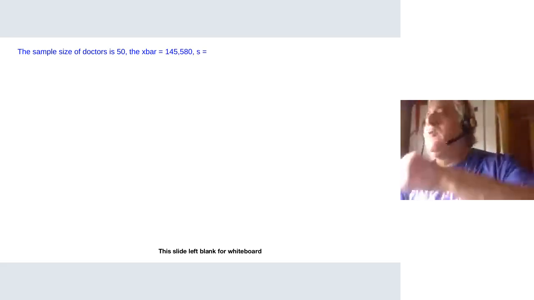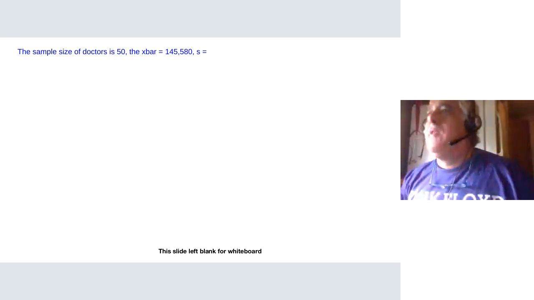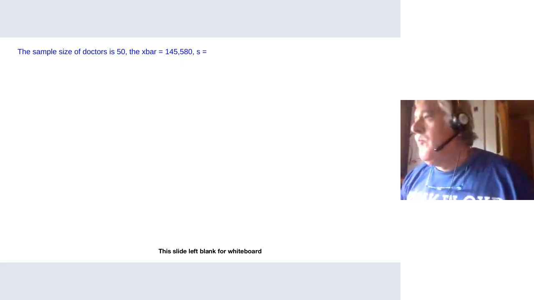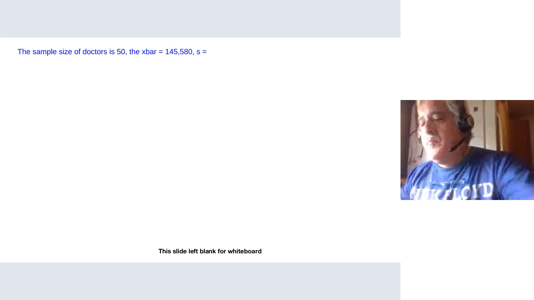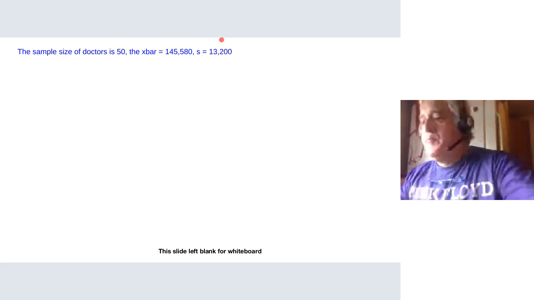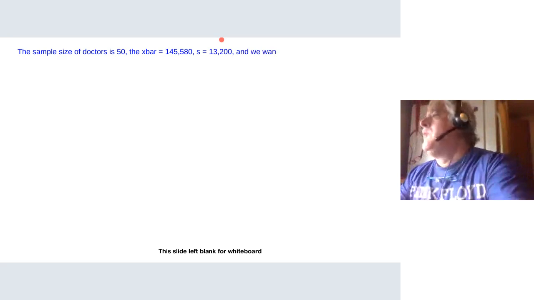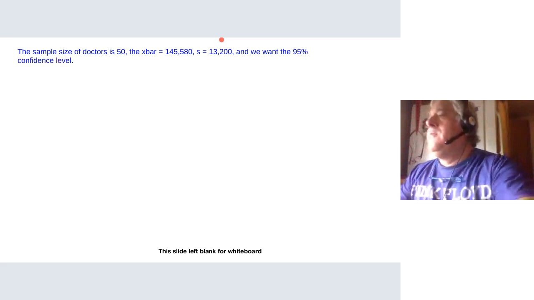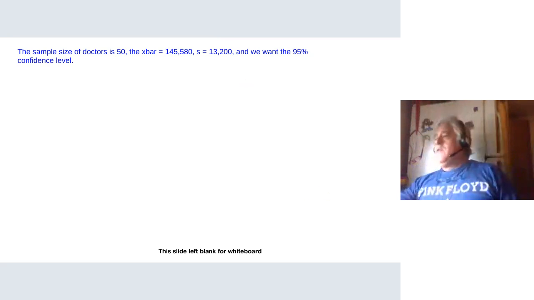S is equal to, and that's the sample standard deviation. It's coming from the sample. We want the 95% confidence level. All right. So let's go over to that tool.